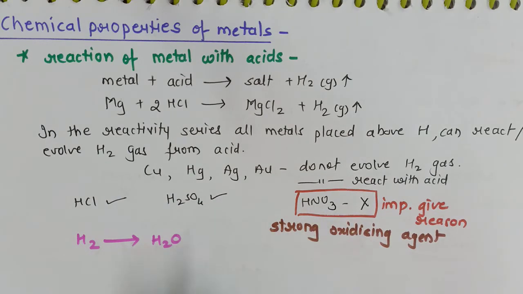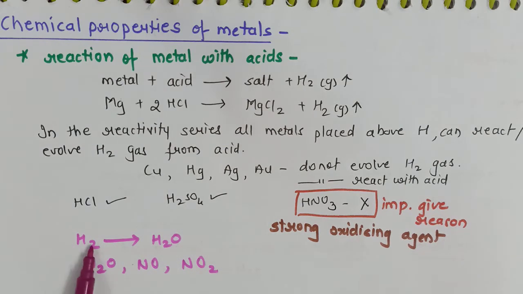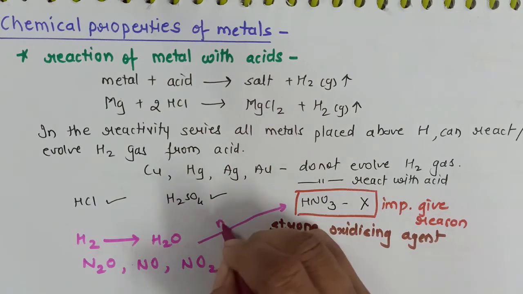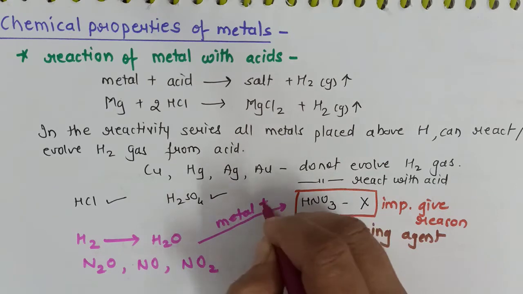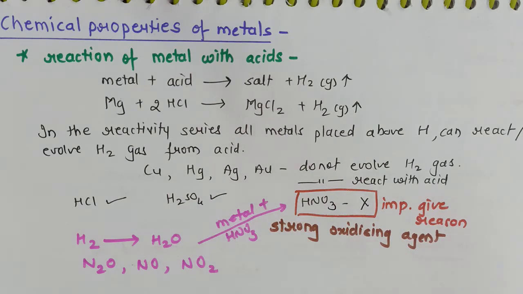Nitric acid itself gets reduced to various compounds like dinitrogen oxide, nitrous oxide, nitrogen dioxide, etc. So hydrogen does not remain as a gas but gets converted to water when a metal reacts with nitric acid. Remember, this is an important give-reason question. Many times it is asked.